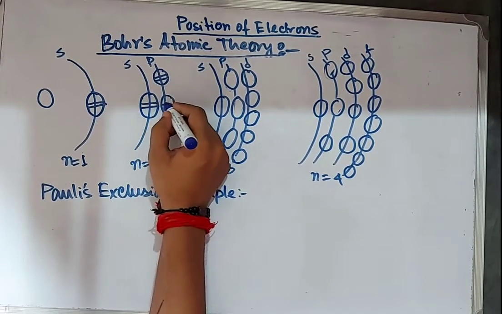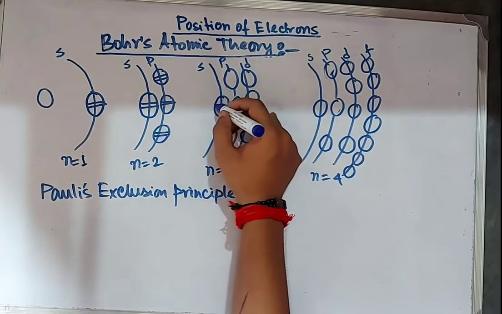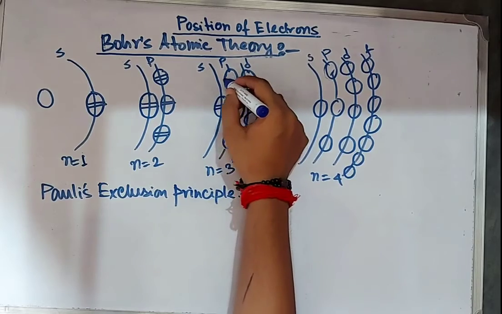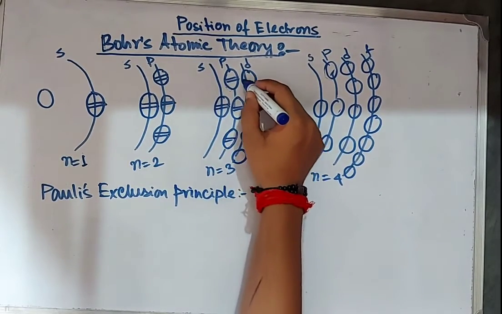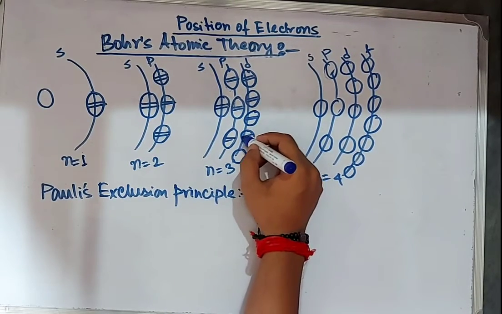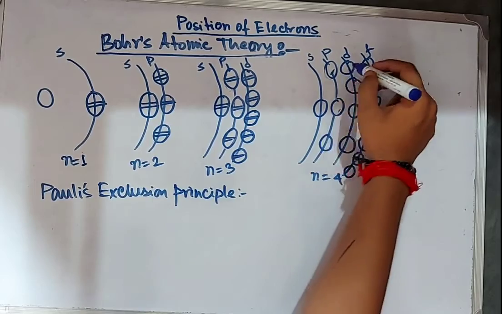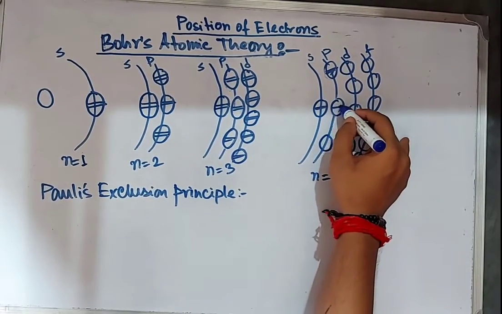Each of these orbitals will have 2 electrons, so it can be subdivided into 2 divisions again.